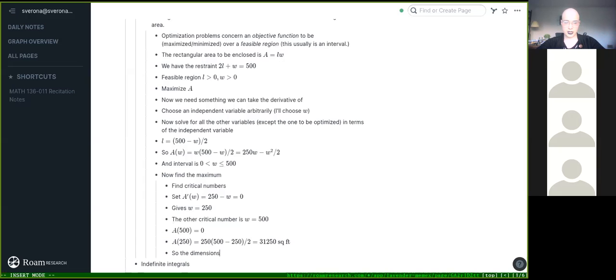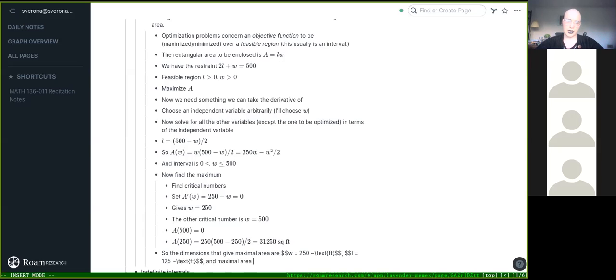So the dimensions that give the maximal area are width equals 250 feet, length equals half of what's left over, so 125 feet, and maximal area, wait a second, is that right?